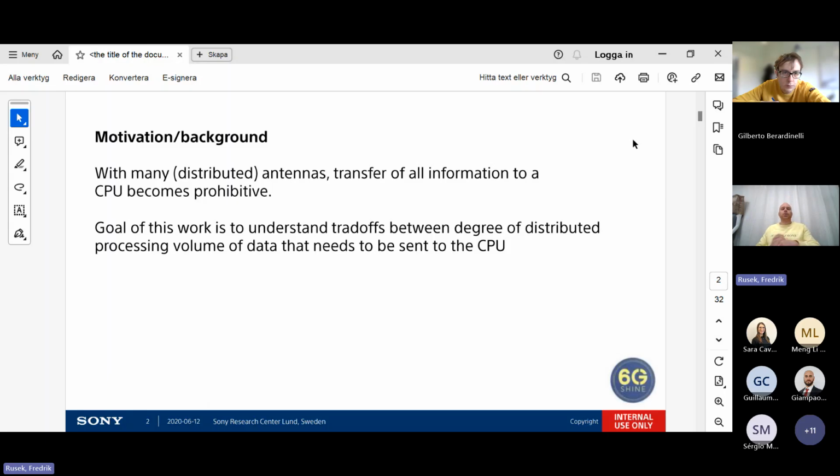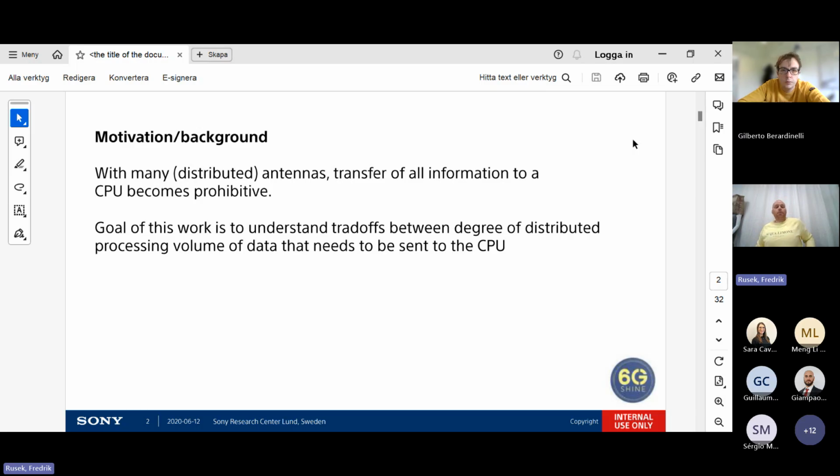The motivation is that if you have many antennas, distributed or even co-located, it may be of prohibitive complexity to transfer all of your information, or maybe CSI, to a central processing unit, because of the sheer volume of data that you have to transfer.